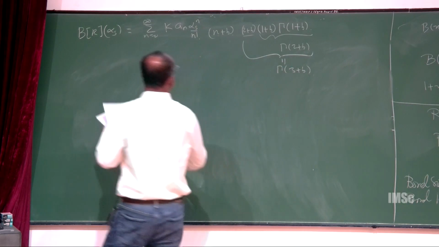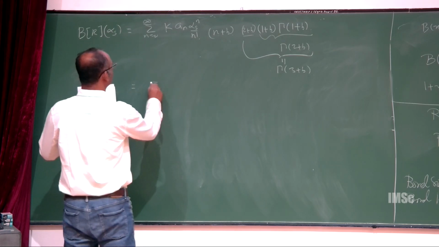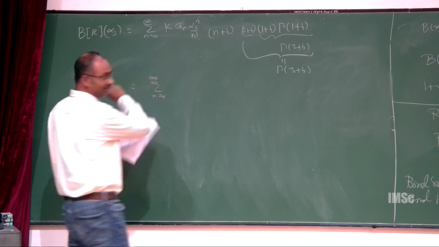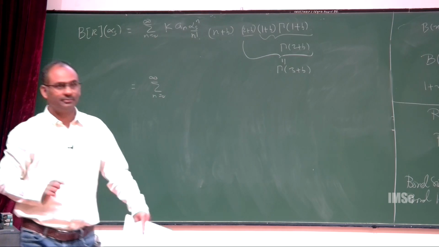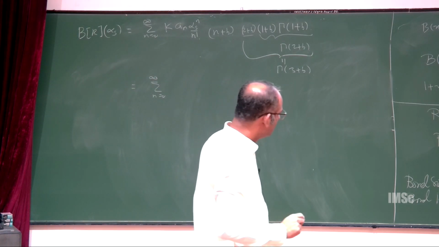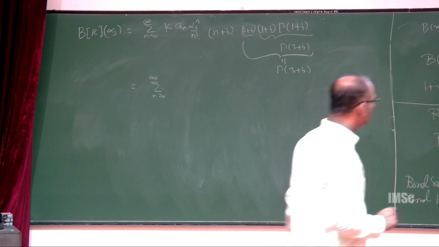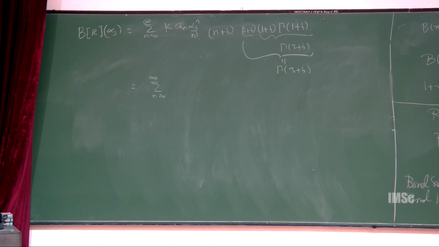So this is a to the power n, because you see what kind of terms you have in the coefficients. Apart from this, whatever is there is what we are calling Rn, right? So that's some constant raised to the power n. Is it fine?